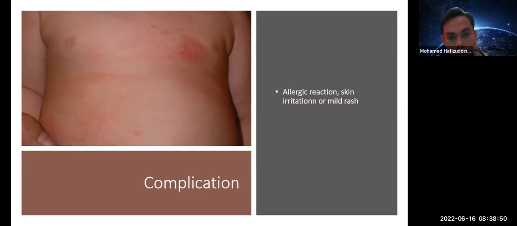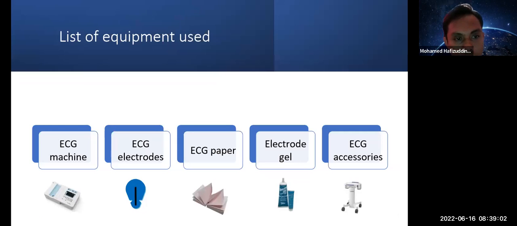Regarding the complication of the ECG, it is only the allergic reaction that can occur at the skin of the children. This is the only complication that we are afraid of. For the list of equipment that will be used, basically we all know this.